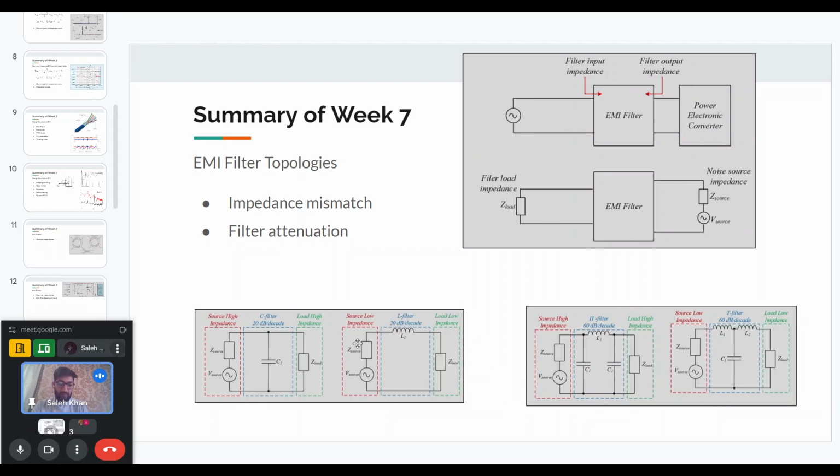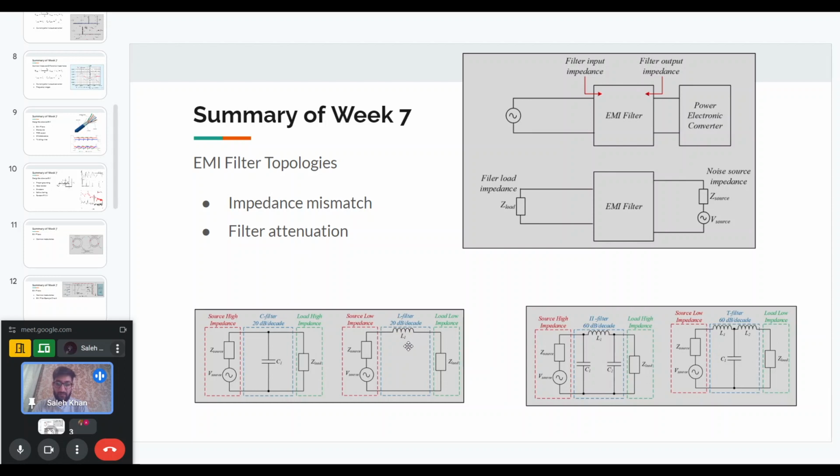Similarly, if the source and load have low impedances, then we want to have the inductor, so that again it will attenuate the EMI, because the inductor will present high impedance to high frequency noise. So this mismatch will actually provide attenuation.